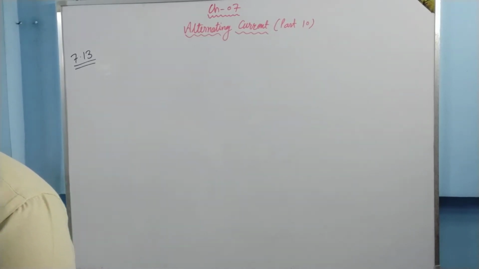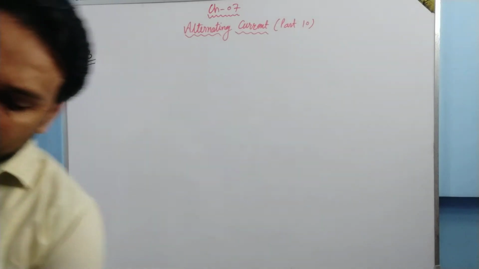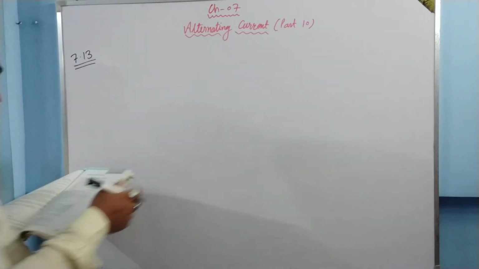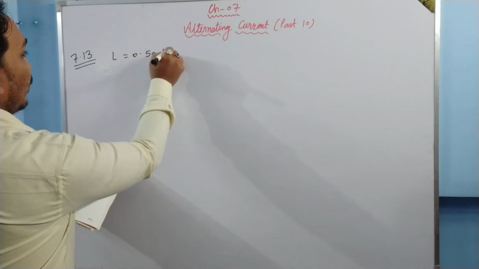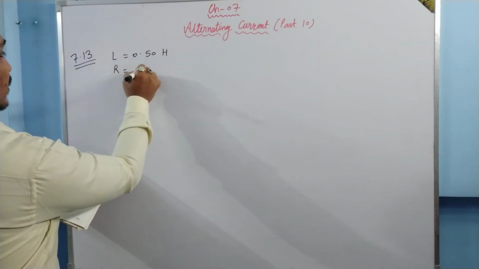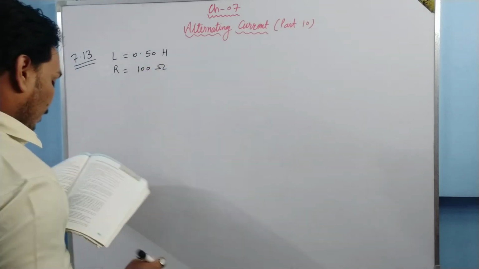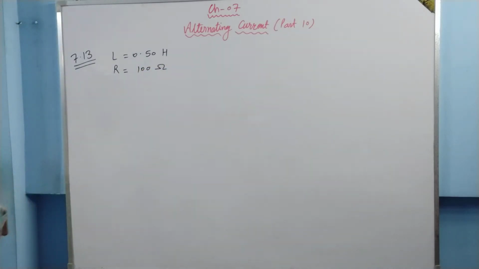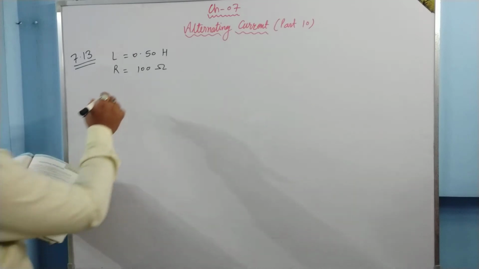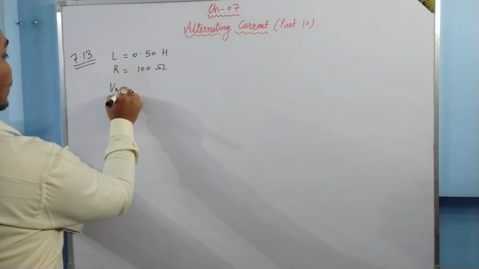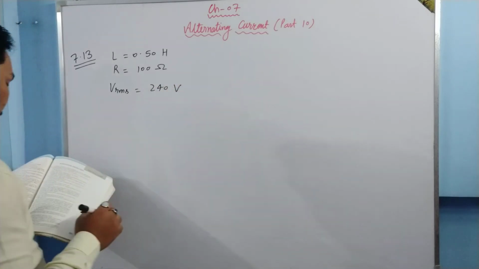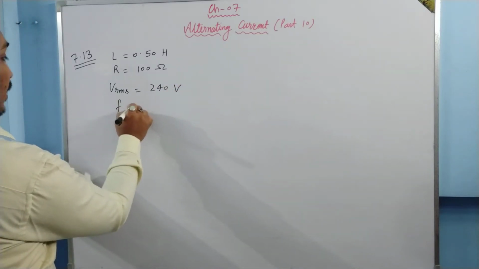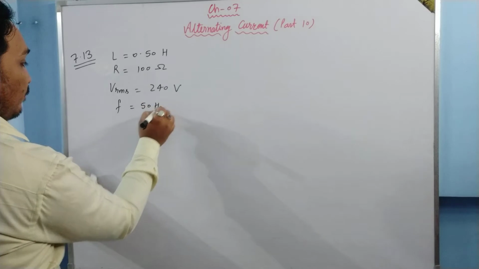We are having the value of inductance, L is equal to 0.50 Henry, and resistance is given 100 ohm, connected to a voltage of 240 volt. Since nothing is mentioned, we consider it as VRMS 240 volt, and the frequency is given 50 Hertz.